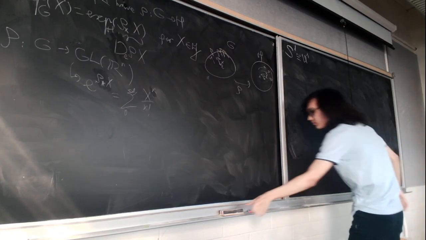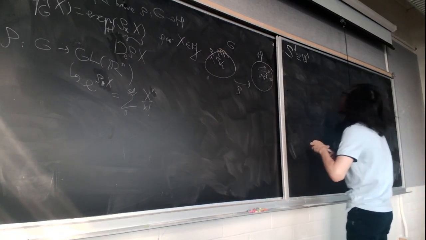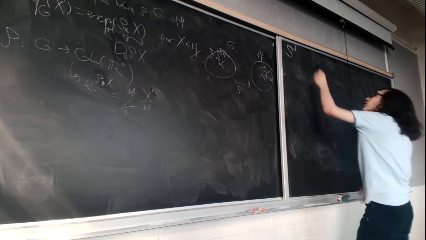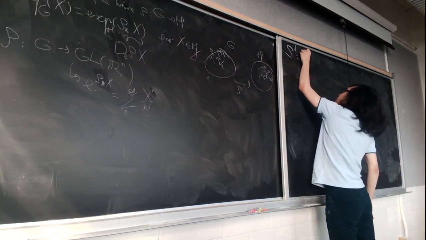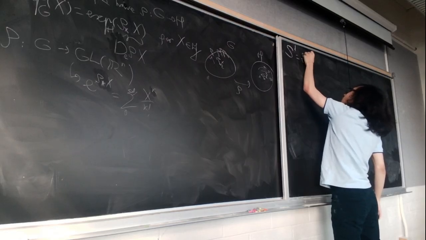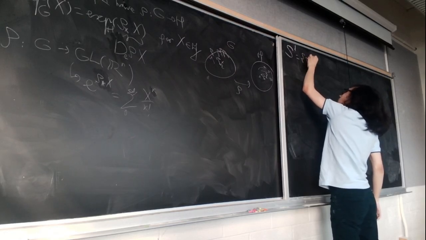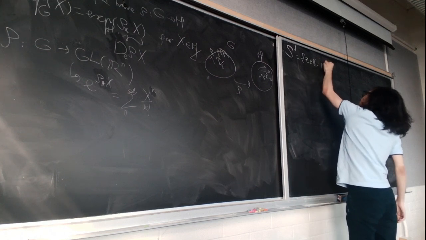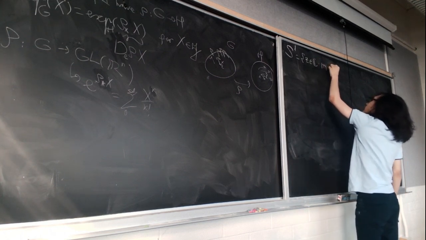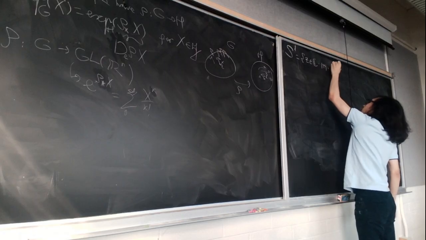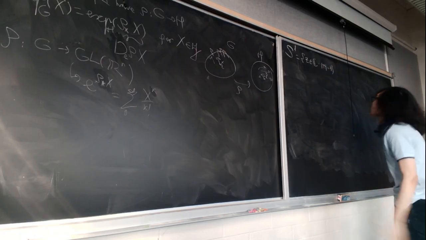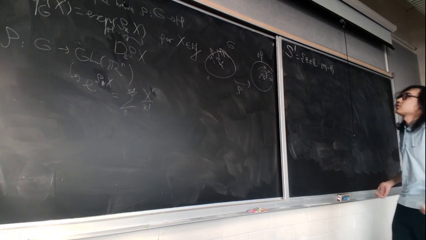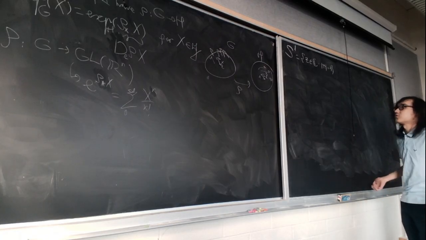I'll call it S1, and we're going to think of this as the set of all complex numbers such that they have absolute value 1. Okay, this is just a circle. Now this is a group under multiplication.